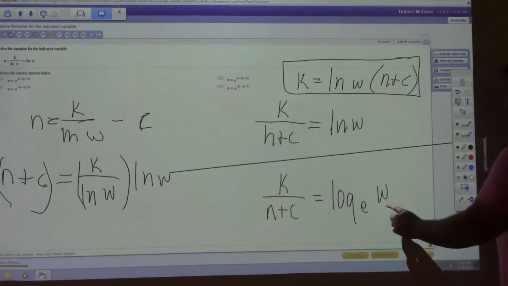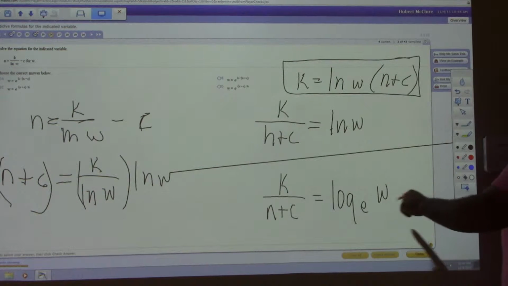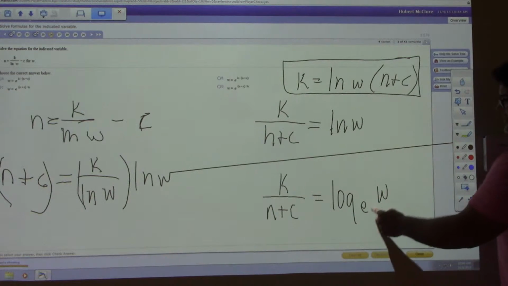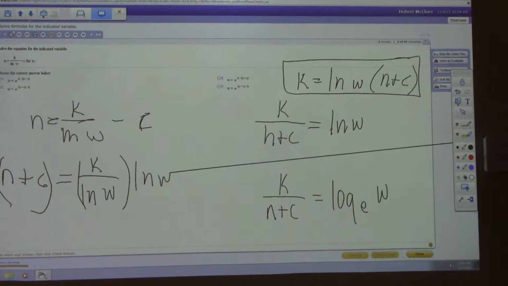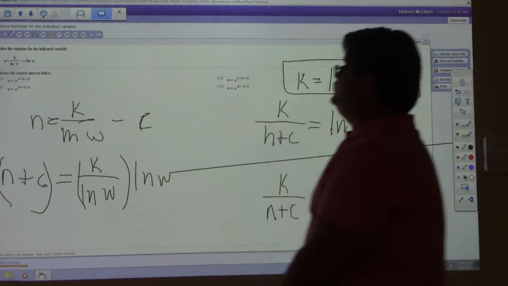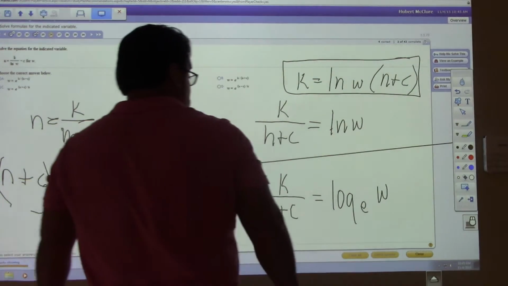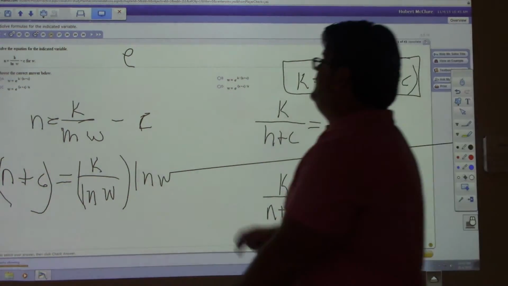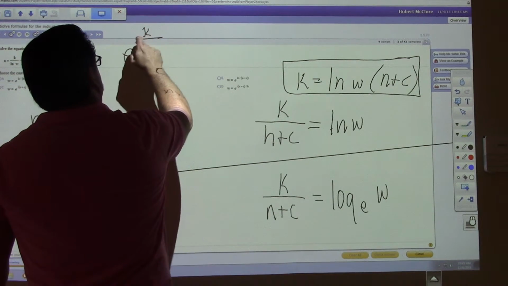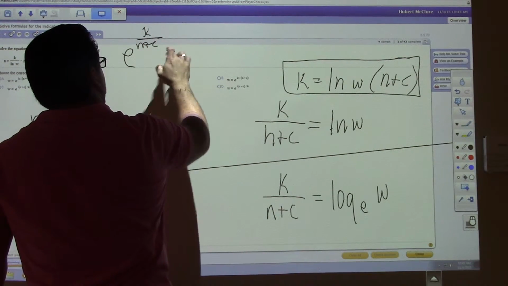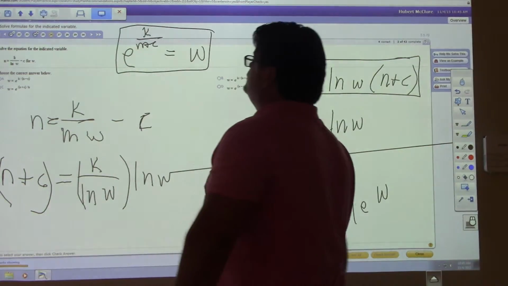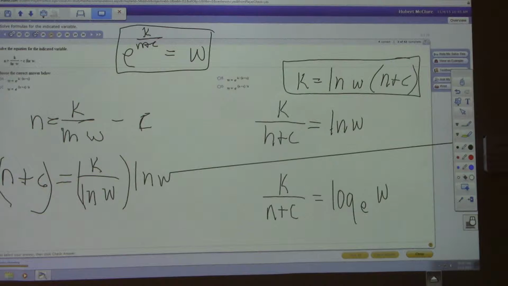Y is equal to log base A of X. Now, put that in the definition. A to the Y, E to the what? E to the K divided by N plus C is equal to what? W.